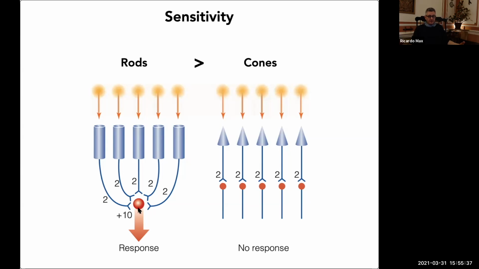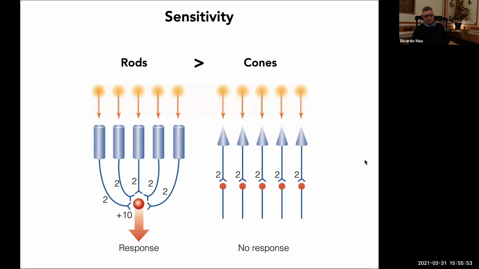needs 10 units of activation, the same amount of light falling in the same area will activate that ganglion cell.